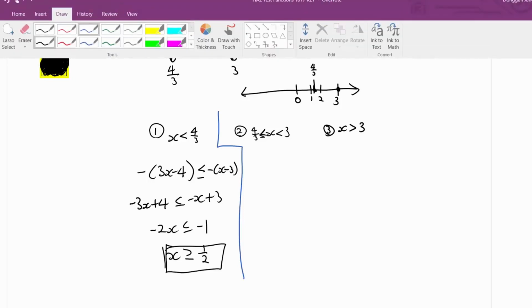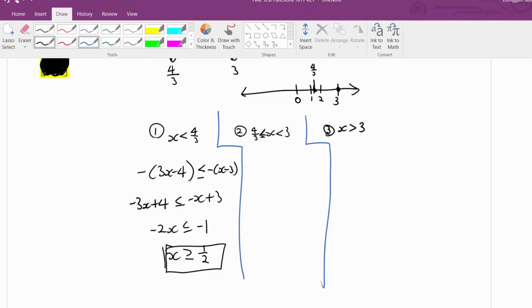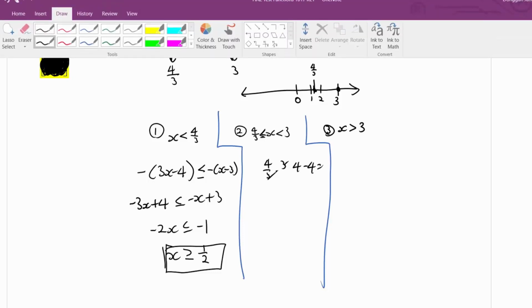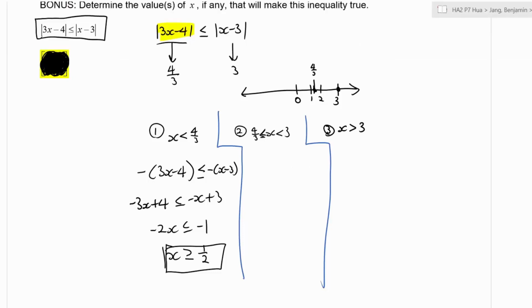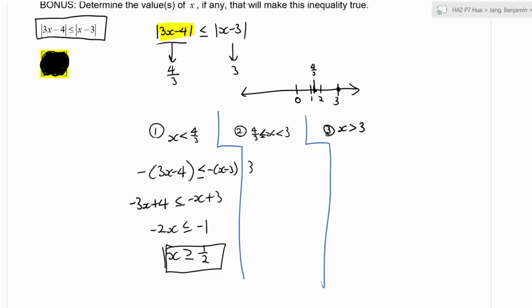Then you hop back to the second equation. If x is between 4 over 3 and 3, then this equation would be greater than 0, as 4 over 3 times 3 makes 4, and 4 minus 4 is 0, and if it's greater than that, then it will be greater than 0. So, this equation stays still.